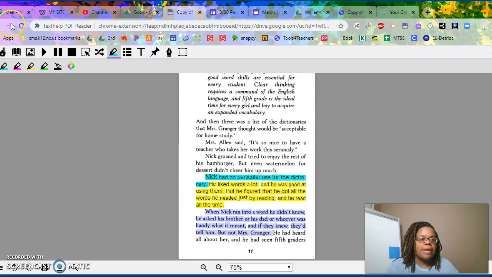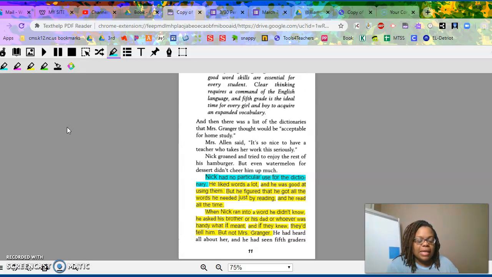I'm going to read the next couple of sentences, so I'm going to highlight those. It says, when Nick ran into a word he didn't know, he always asked his brother or dad or whoever was handy what it meant, as if they knew him. So he did not want to ask Mrs. Granger.